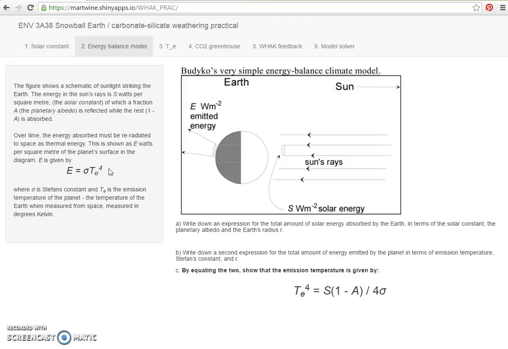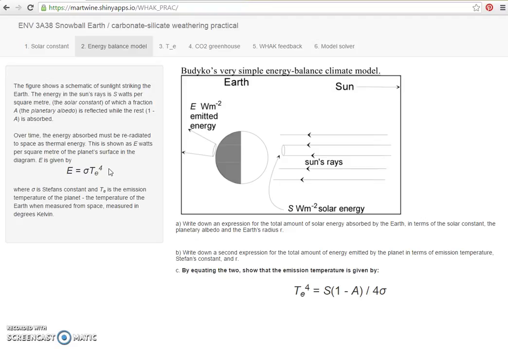Now, at steady state, we know that the amount of energy coming in is equal to the amount of energy going out. So we can put those two terms either side of an equal sign. So that's saying S times 1 minus A times pi r squared equals 4 sigma TE to the 4 times pi r squared.